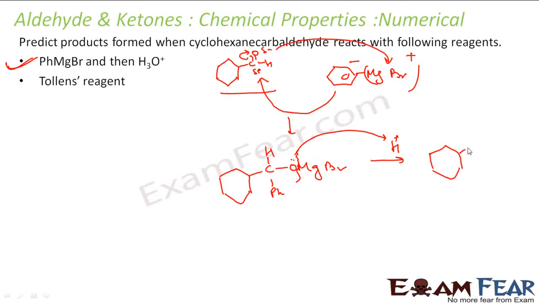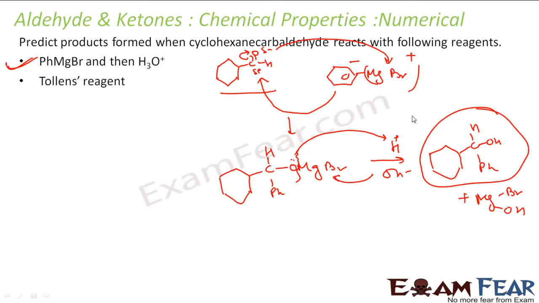And when you give this OH minus, this will react with MgBr, giving MgBrOH. So this is the output I'll get actually.